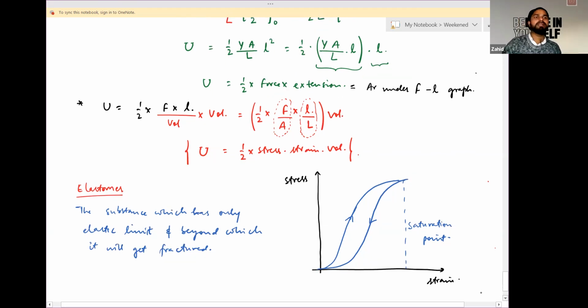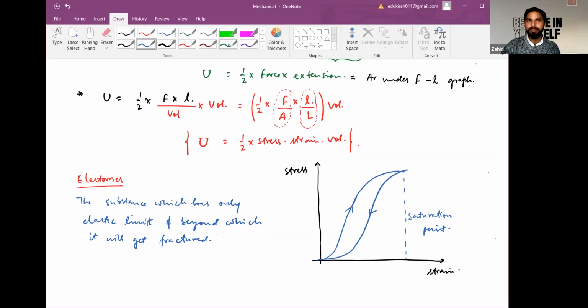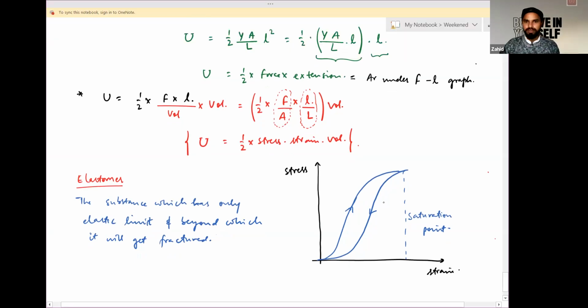Now, mechanically, it will be used as a shock absorber. So you'll say, the greater the area of the curve for that substance, the more ability it has to absorb shock, or it will dissipate more energy while jerking or anything.